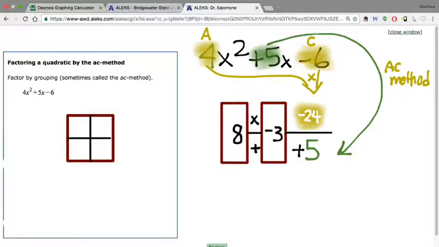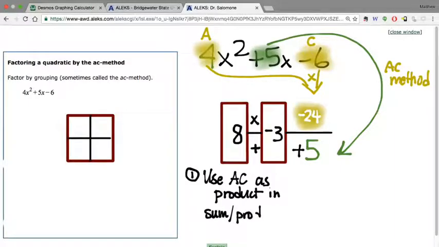So that's the first step in the process of factoring a trinomial with a leading coefficient that's not 1. So use A times C as the product in the sum and product game. So that was step 1.